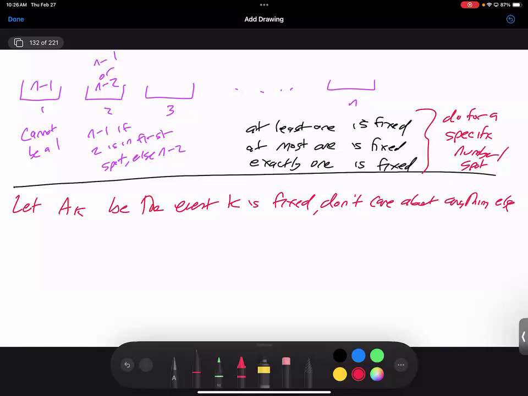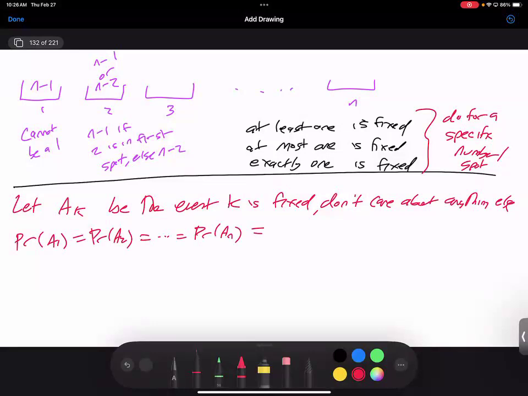So I only care about the element k is fixed. So the probability of A1 equals the probability of A2 equals ... equals the probability of An. All of them are going to be the same. Right? So I don't care about anything else. I only care about is the first element fixed.